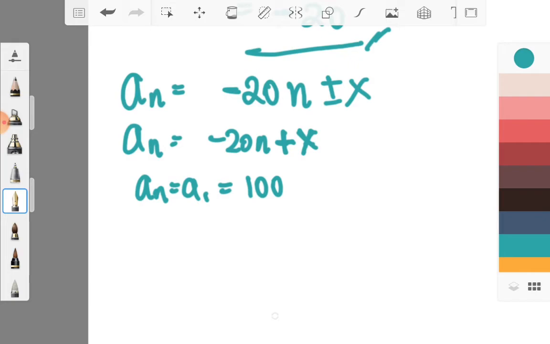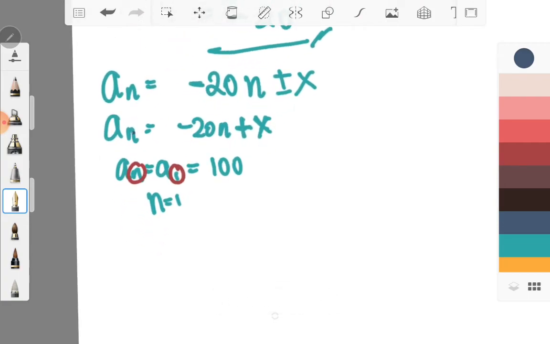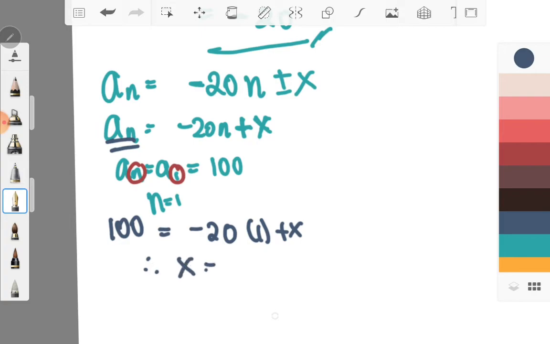Yung pinakauna, yung pinakamaganda. Tama? So I have our n equal to 1, and our a1 is equal to 100. So substituting, 100 is equal to negative 20 multiplied by 1 plus x. Therefore, our x is equal to 120.